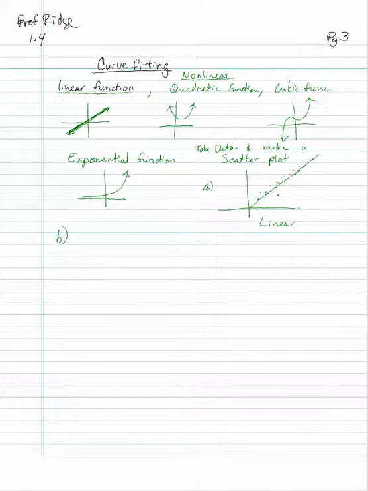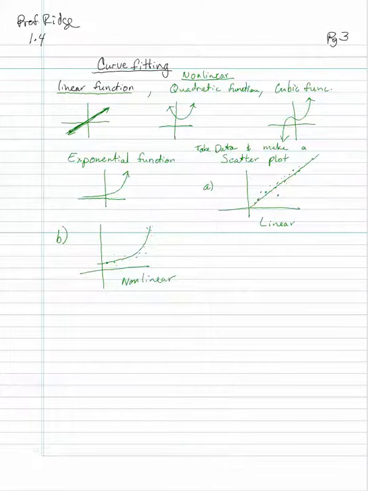If you start plotting the points and it looks like that, that's not linear.